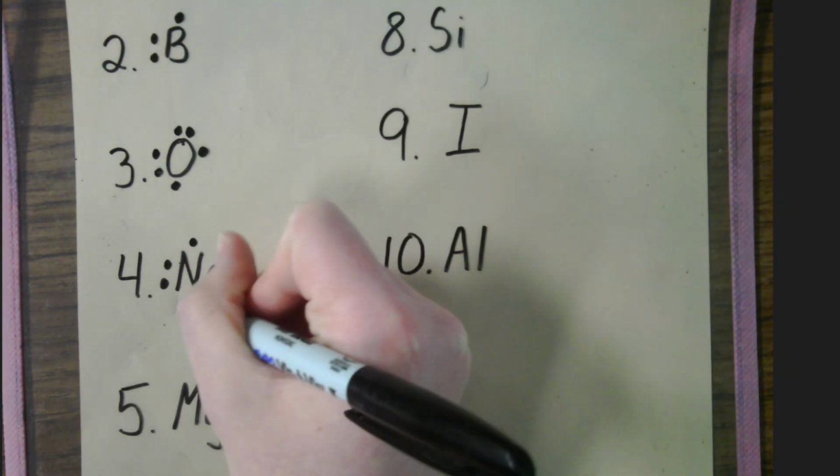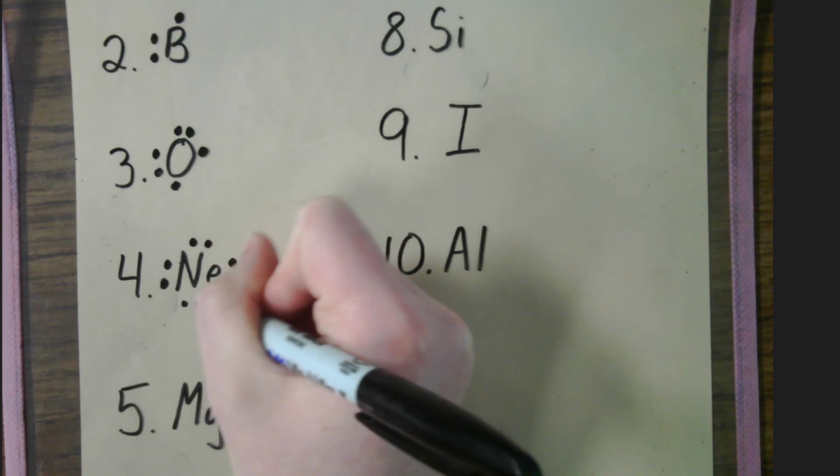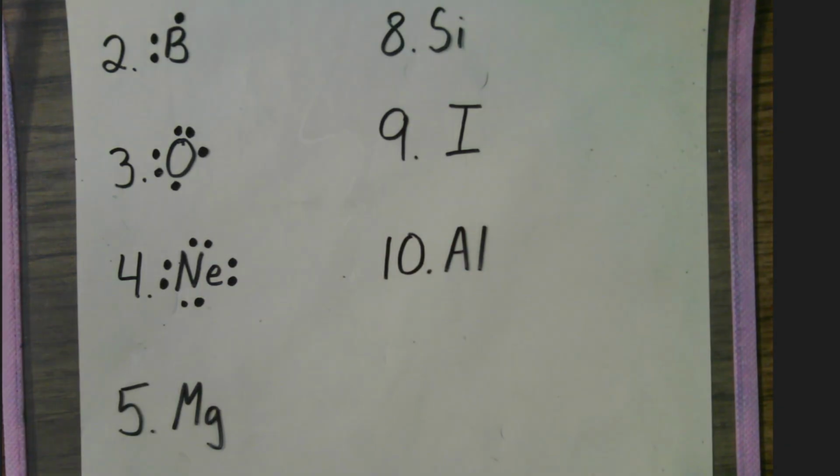There's 4, 5, 6, 7, and 8. Yes, neon will end up being completely filled, and that's actually one of the reasons why it's called a noble gas. Its valence electron, or last outer shell, is completely full. That's why it has the name noble gas.